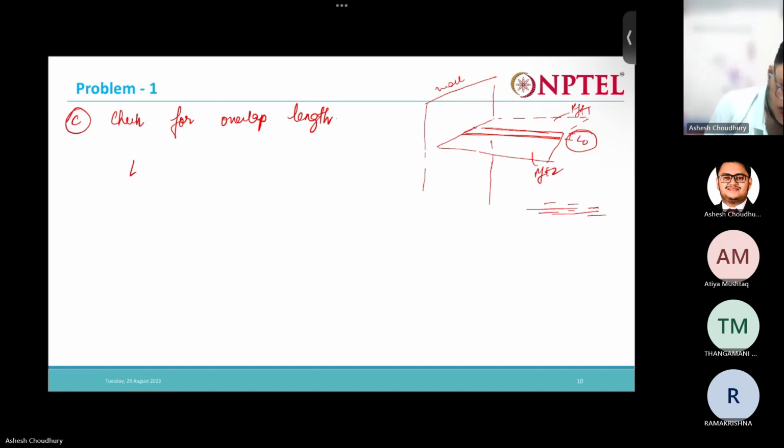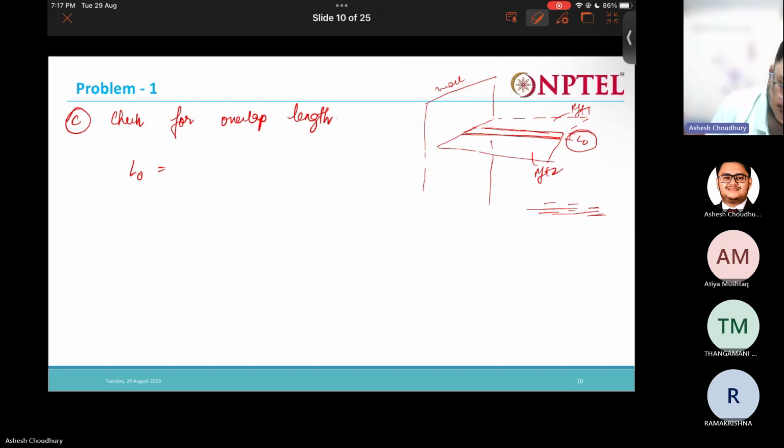Here we will be using a similar expression to what we used for pull out, but with a little change. What is the change here? 4 times.